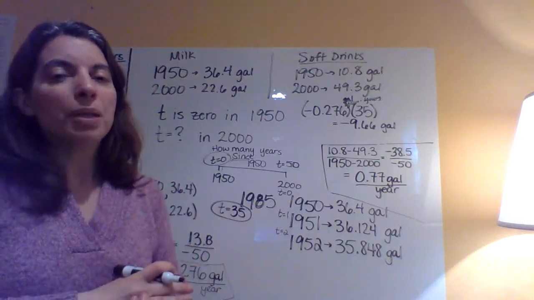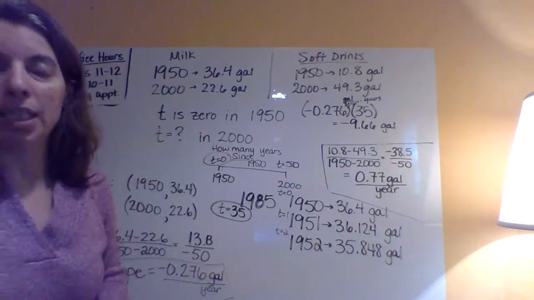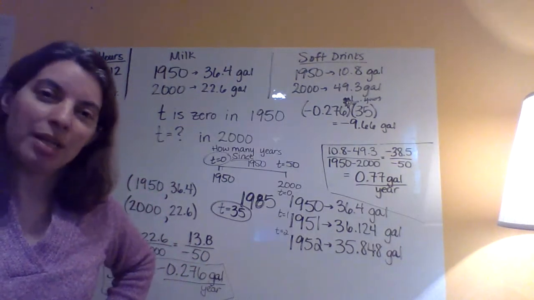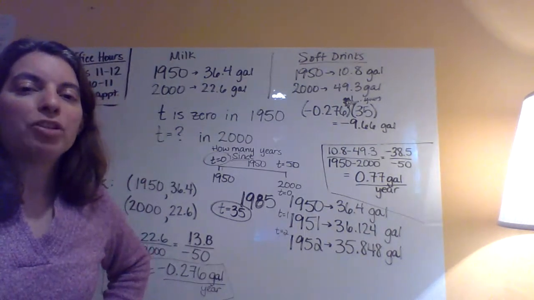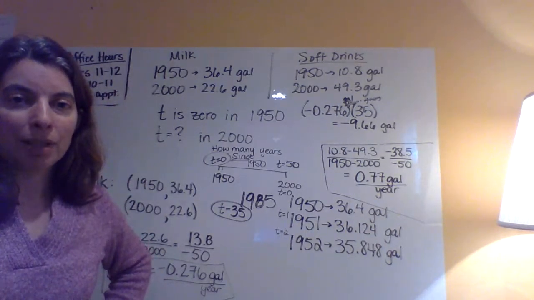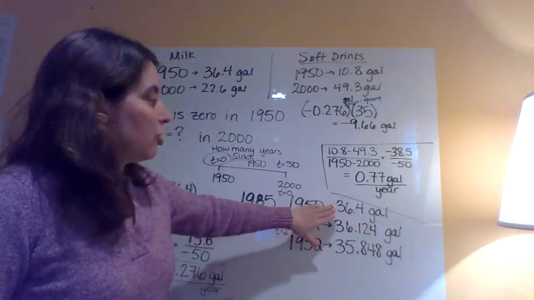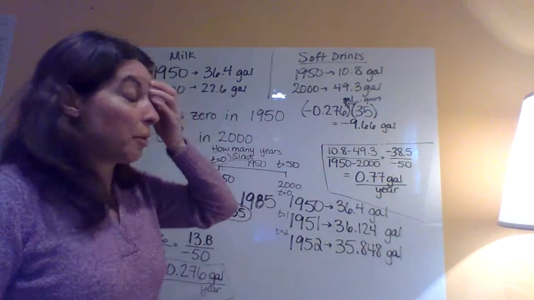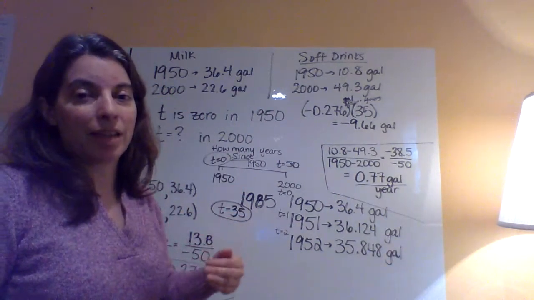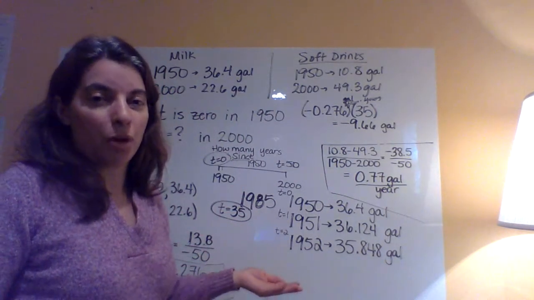That's not how much people were drinking, though, in 1985. And it wouldn't make sense to have a negative anyway, right? But that's how much it went down over time. So what did it start at? It started at 36.4. So if it started at 36.4 and we went down 9.66 gallons, what are we left with?